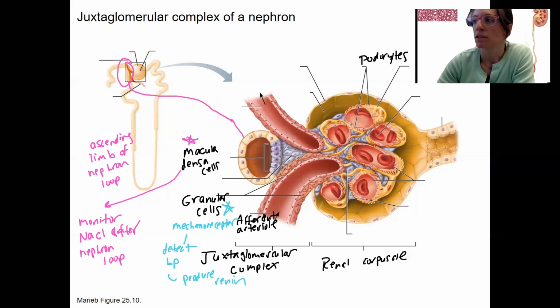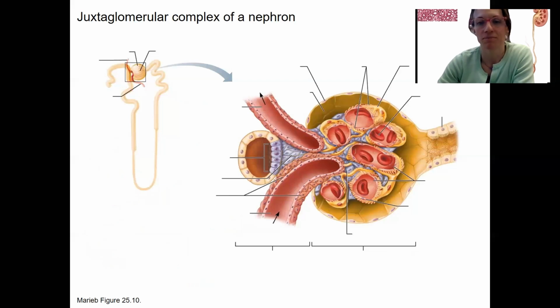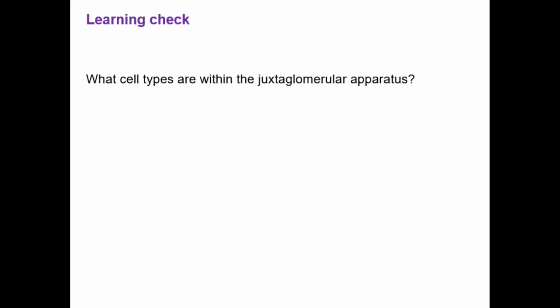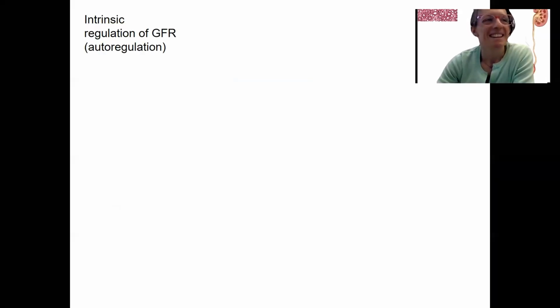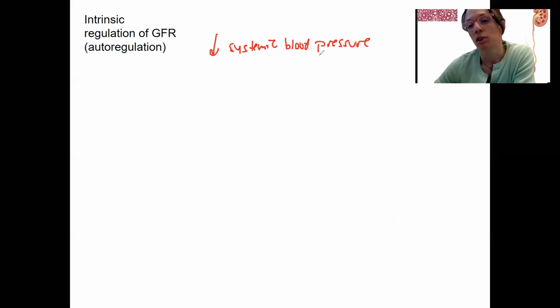Let's start with intrinsic regulation of GFR. First of all, our stimulus is going to be low systemic blood pressure. And our kidneys want to maintain glomerular filtration rate, perfusion, which in the kidney's case is going to result in filtration, in order to maintain kidney function.